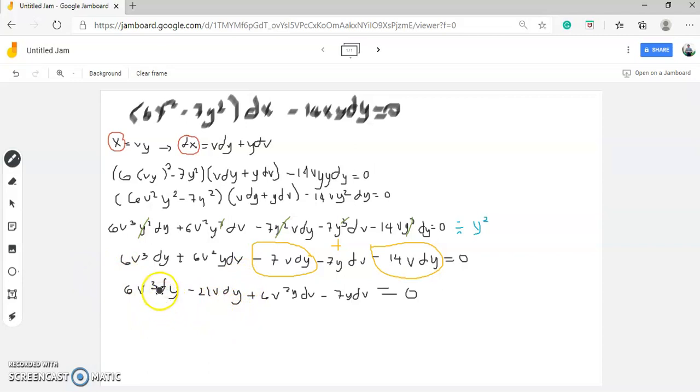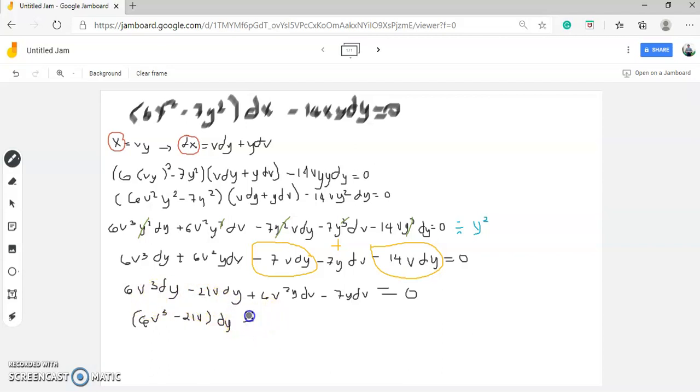Both terms have variable v, right? So we could move, okay, they all have v. So this one we could have 6v cubed minus 21v times dy, right? We have that one here.